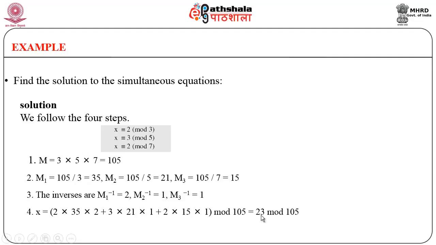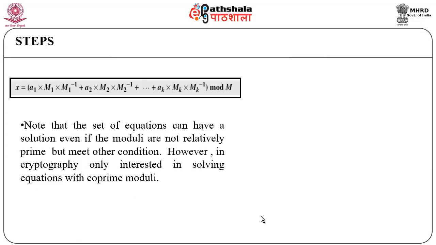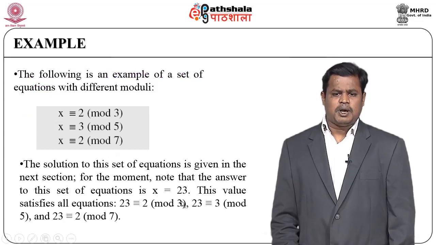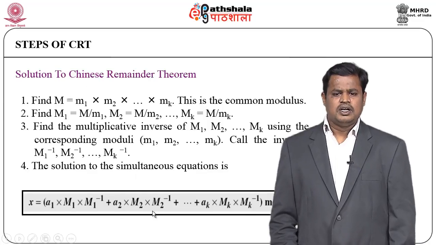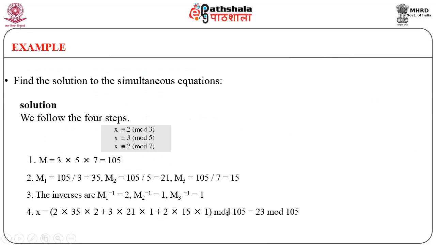So, now we got the answer, as we had already guessed here, this is 23. We have now proved with the help of the Chinese remainder theorem that the answer is 23 when we have a set of congruent equations in such a way.